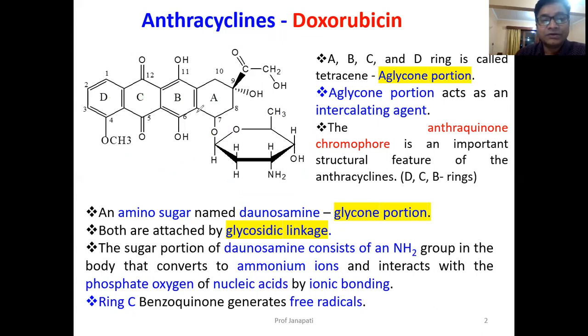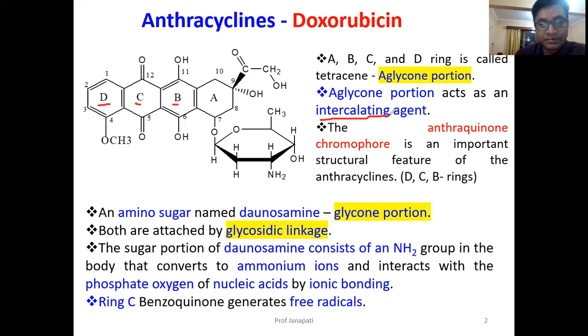Now, these B, C, D rings are aromatic in nature, as we learned in the previous video. Please go through that video in the link provided below. Because these are aromatic rings, they can slip between, or intercalate between, two DNA molecules.